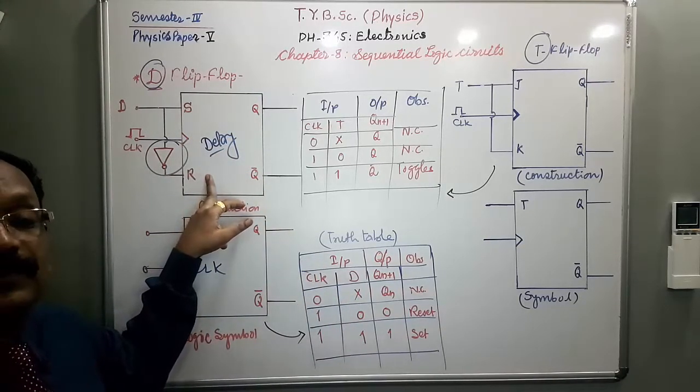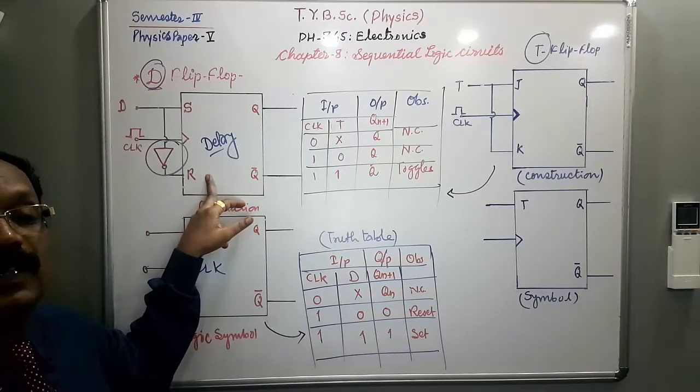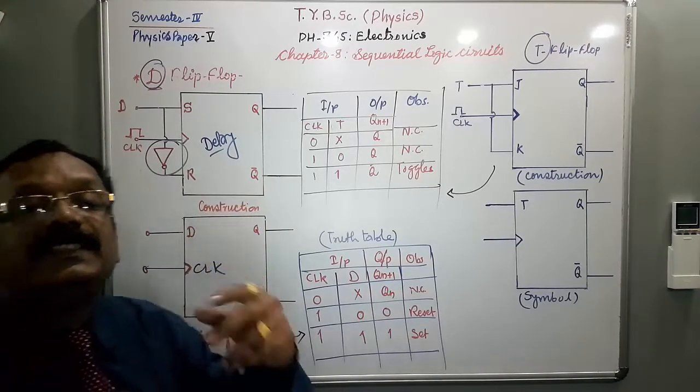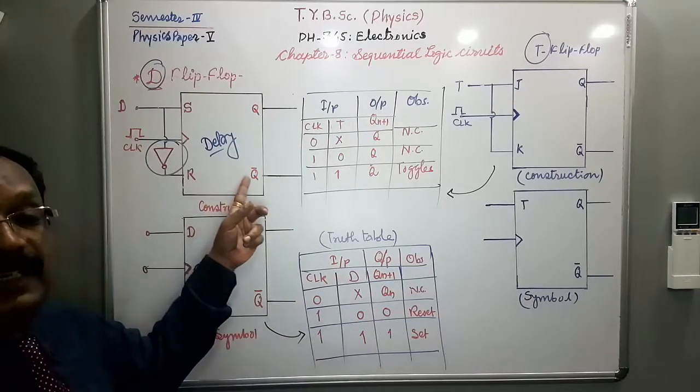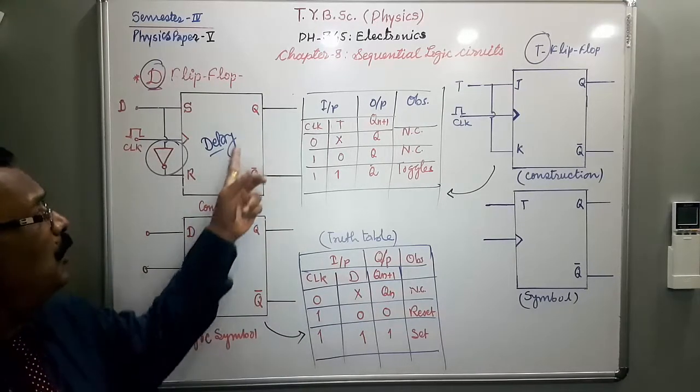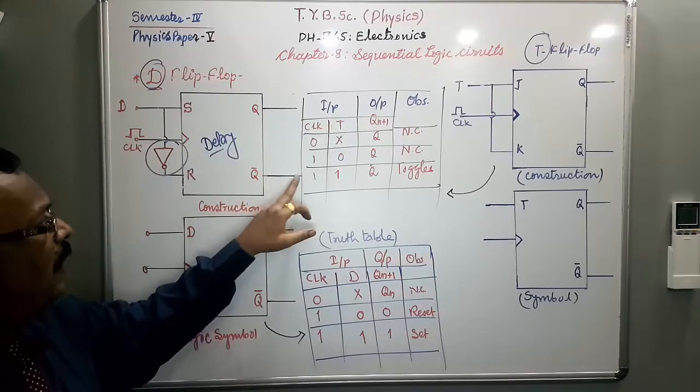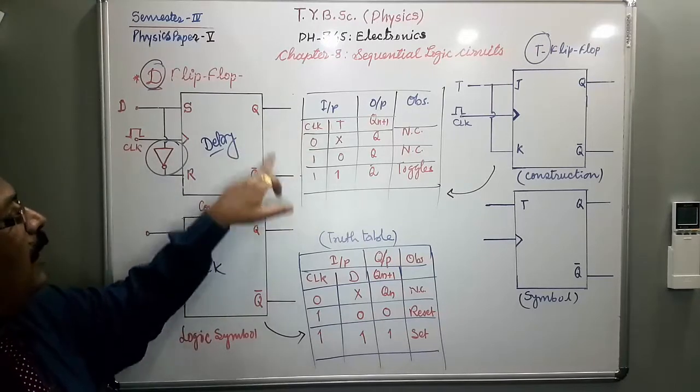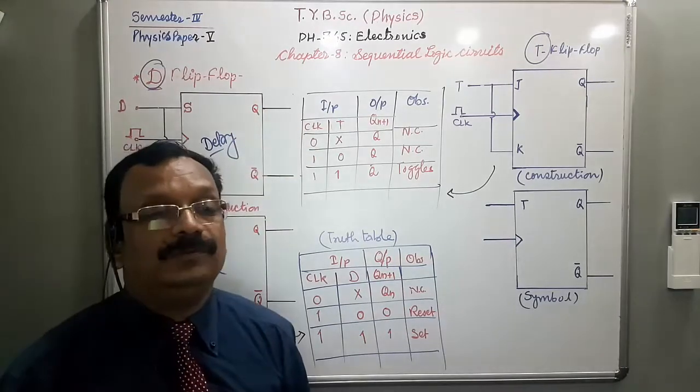When R is equal to 1, the flip flop will reset. When the flip flop is reset, Q bar is equal to 1 and Q is equal to 0.